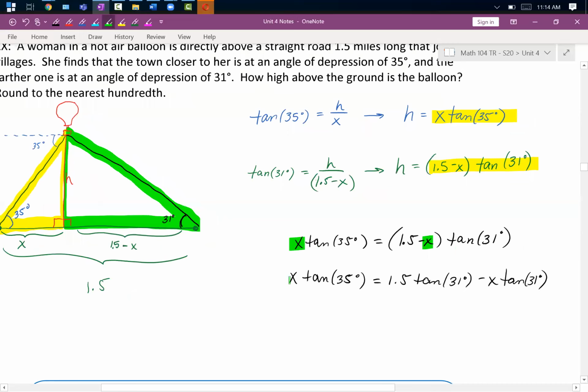Still have two x's, both linear, so we're going to use that technique where we get all the terms containing an x on one side, all the terms that don't have an x on the opposite side, factor out the x so it shows just once, and divide to get a final answer. So move this term on the right over.